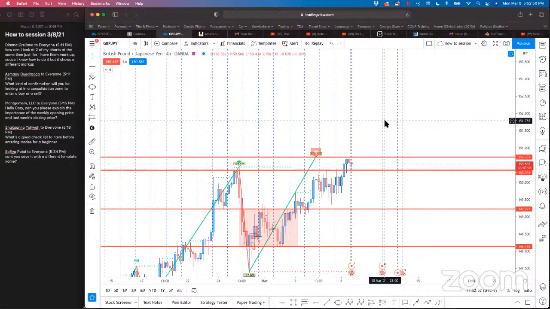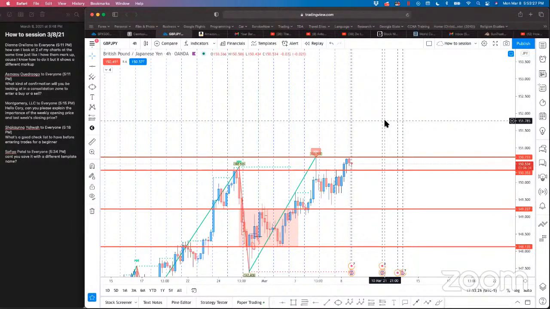If you're going to be day trading, intraday trading, I would say look at the daily, 4 hour, and the 1 hour chart the most. If you're going to be swinging, look at the weekly, the daily, and the 4 hour chart. You would get your direction from the weekly, your zones from the daily, and then your entries off the 4 hour.